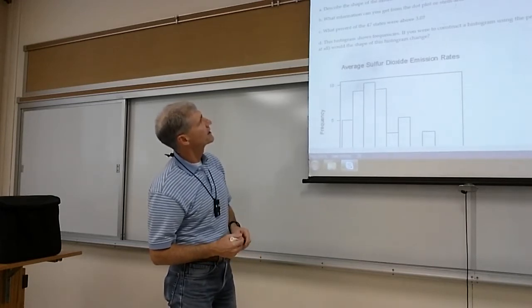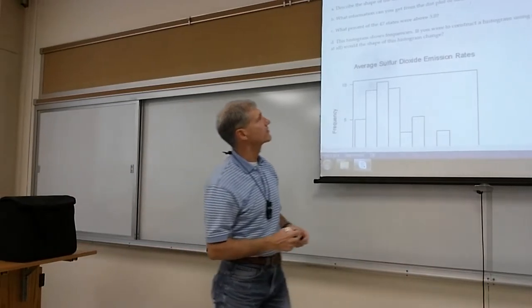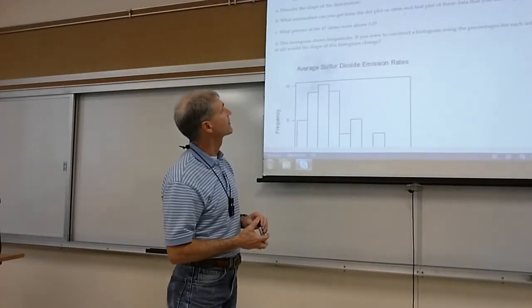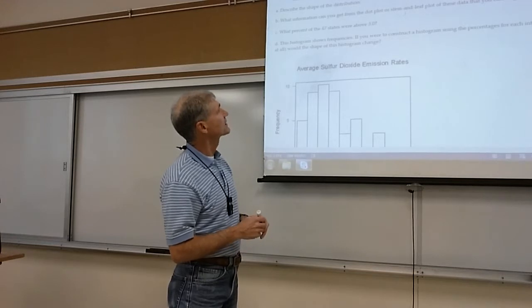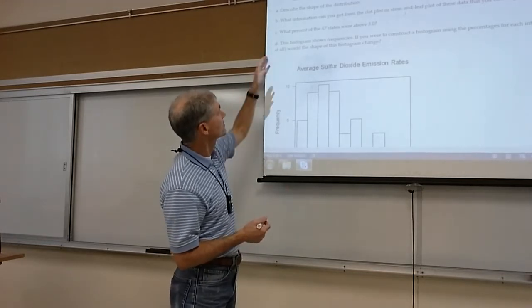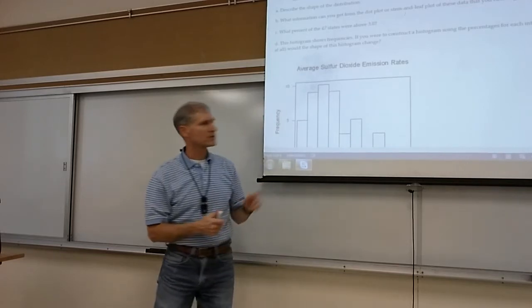It says, the paper Acid Rain Controversy gave the following frequency histogram on sulfur dioxide emission rates. Okay, so then describe the shape of the distribution.